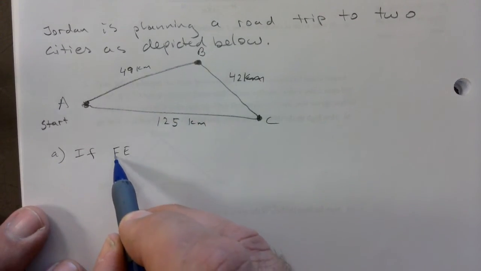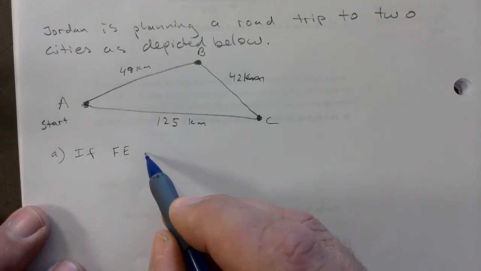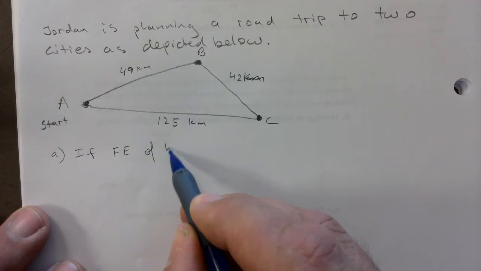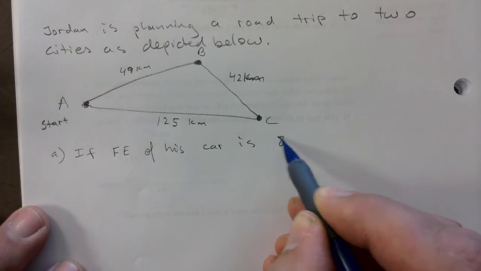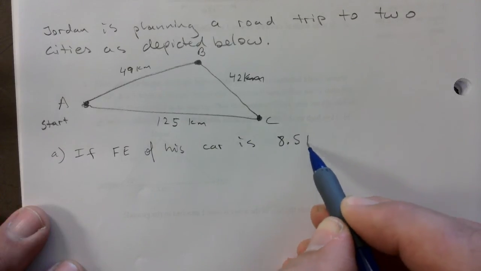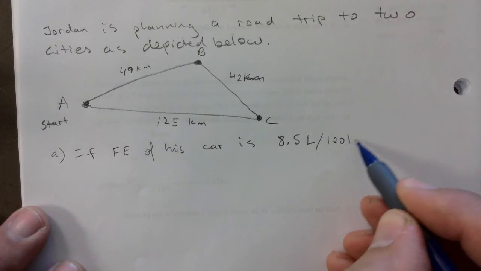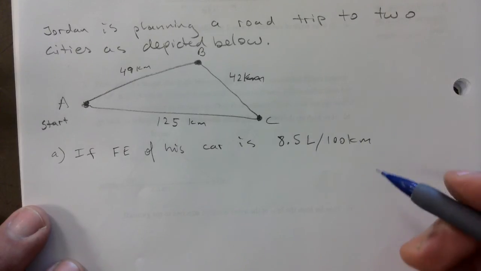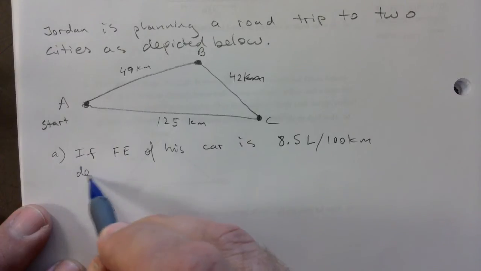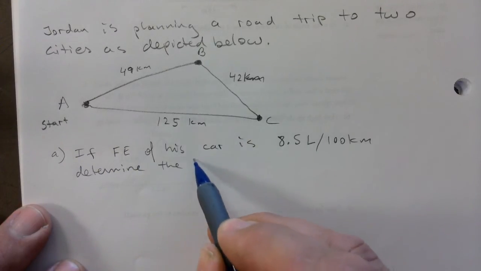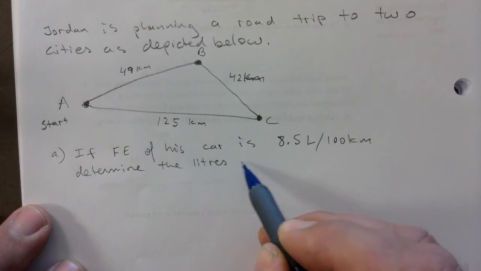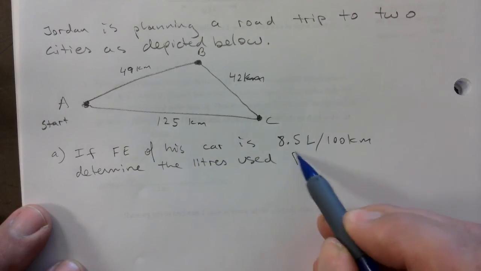If the fuel economy of his car is 8.5 liters per 100 kilometers, determine the liters used for the trip.